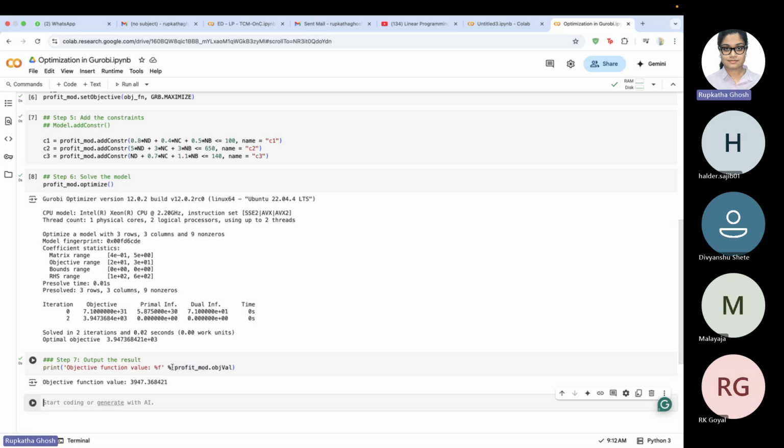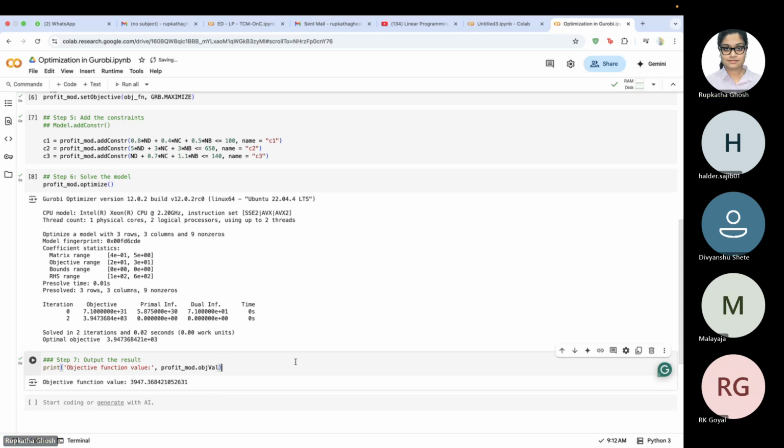Let me not make it very complicated for you. That's it. You can simply print your objective function value is profit mod, whatever your model name you had specified, dot obj val, where v is in caps.